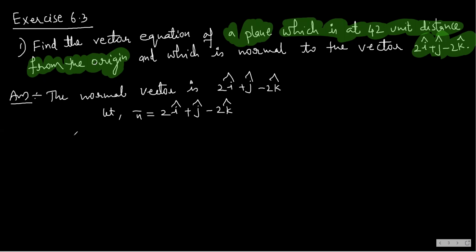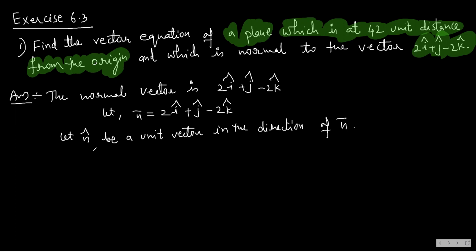Then I will write, let n cap be a unit vector in the direction of n bar. That is, n bar is the normal vector which is perpendicular to the plane.